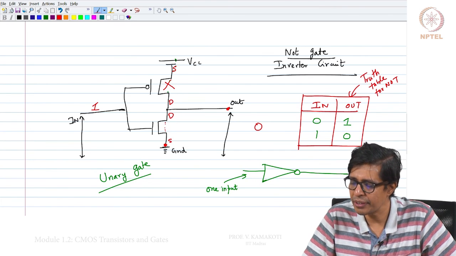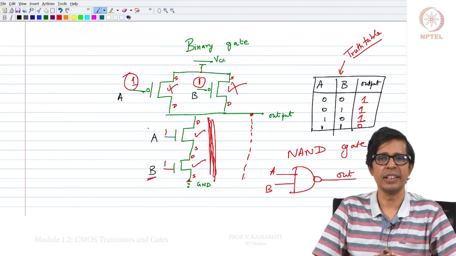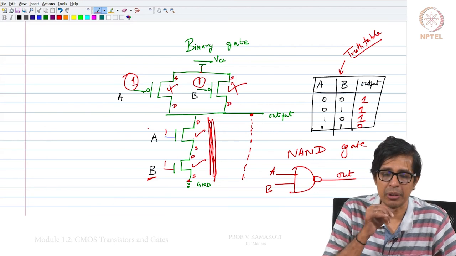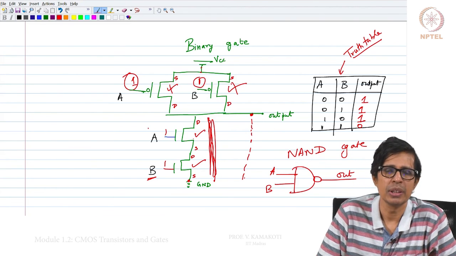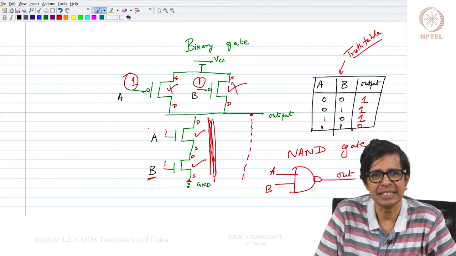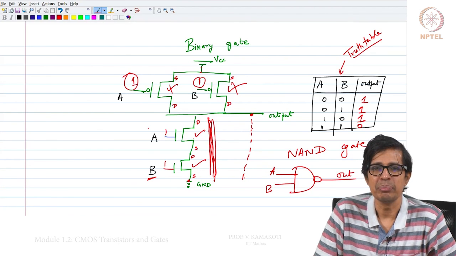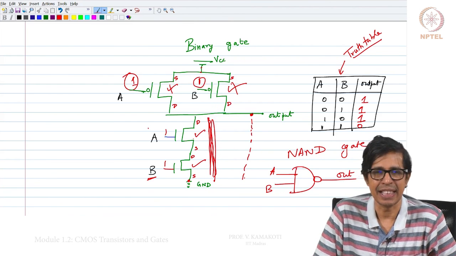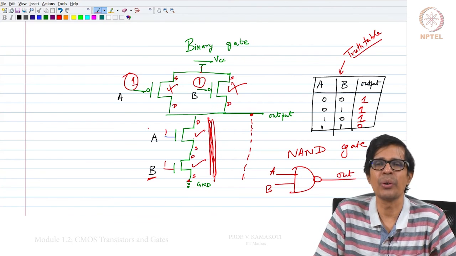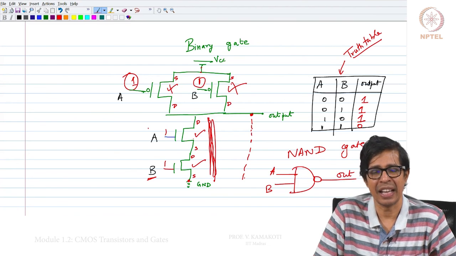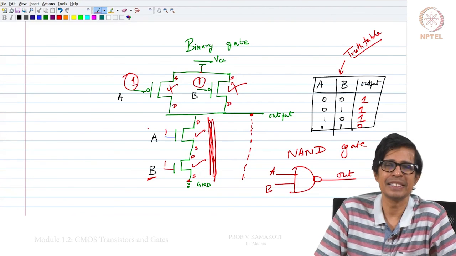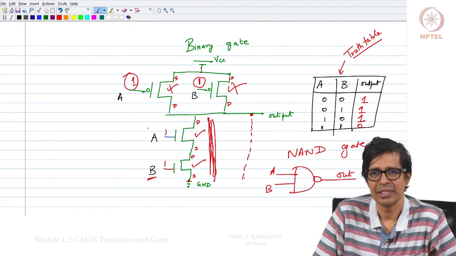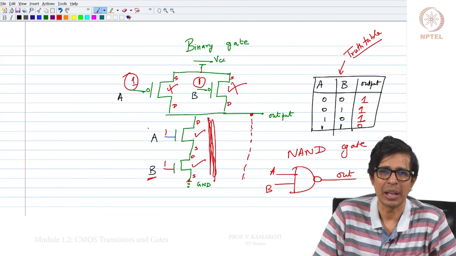So, what we have seen in this particular module 1.2 is about transistors and how we can use transistors to build basic gates. Now, the entire system is built using these gates. Specifically in this course, we are going to build an entire computer using these NAND gates, and we will see how it is going to happen.